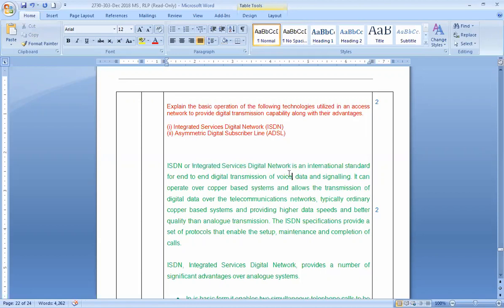It's an international standard, as I mentioned. You just cannot have a local type of technology. If that is so, then you will not be able to connect to the outside world, outside your territory. But if you use these standard technologies, it becomes easy for the other networks also to comply with.